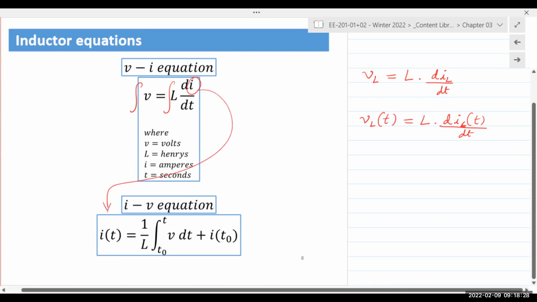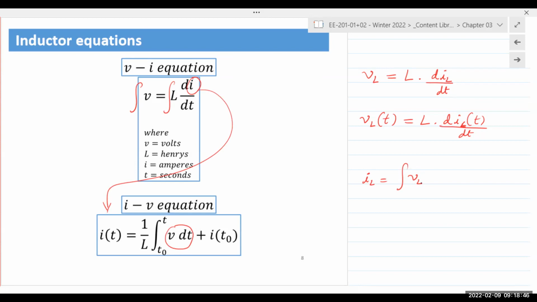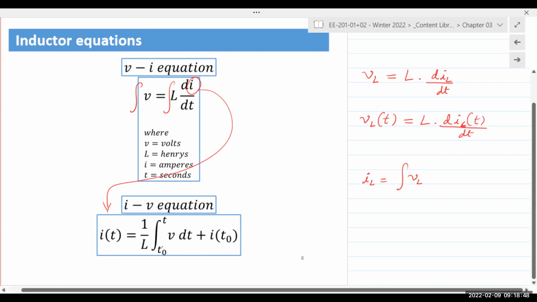I of t is given by the integral of V. So for an inductor, I_L is simply the integral of V_L. Make sense, right? Now, the limits of the integral, we say that they are t0 to t.